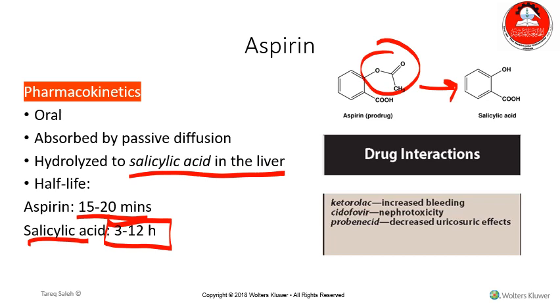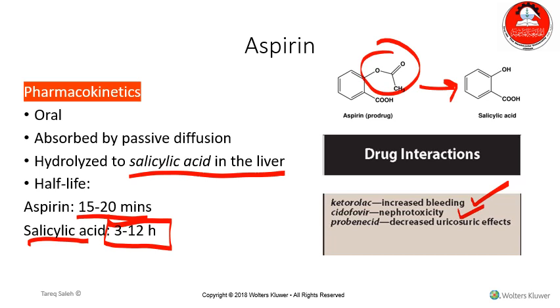Note that because of that, aspirin will have several drug-drug interactions based on its mechanism of action and metabolism in the liver. For example, if aspirin was given with a drug ketorolac, the patient will be under increased risk of bleeding. Since we said that aspirin and its metabolites are secreted in the kidney, it can also cause nephrotoxicity if given with the antiviral drug Cidofovir.